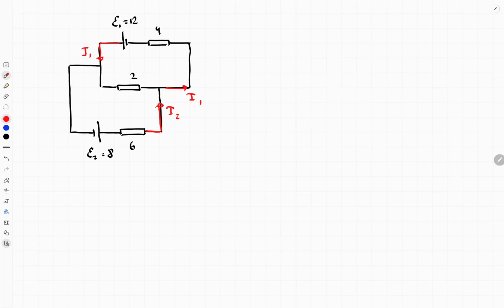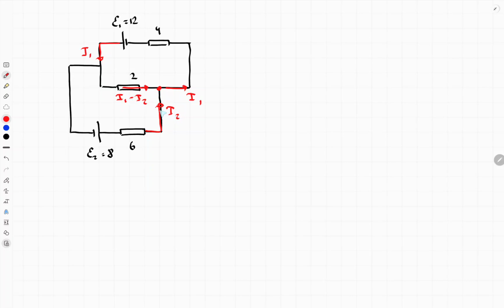According to Kirchhoff's first law, electric current passing in this direction, or again, I'm not sure about this direction, maybe in this direction, will be I1 minus I2. So at this point, two electric currents coming like this.